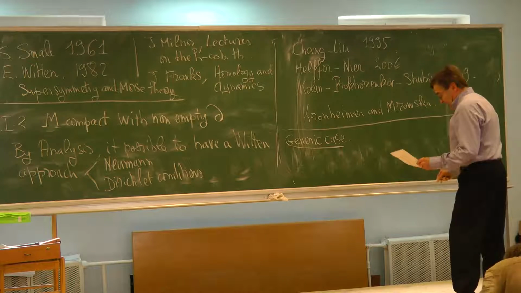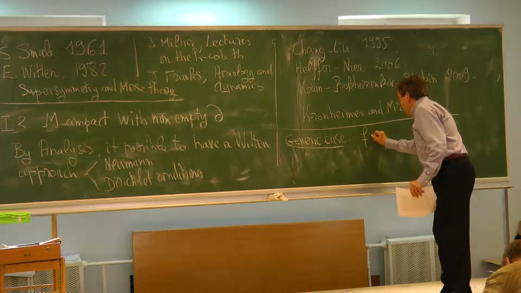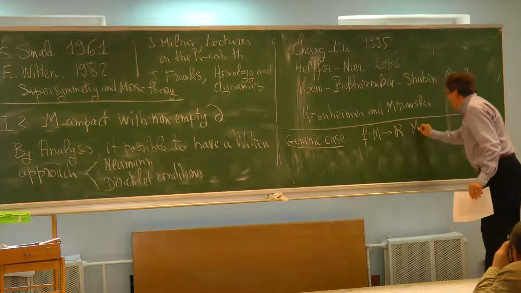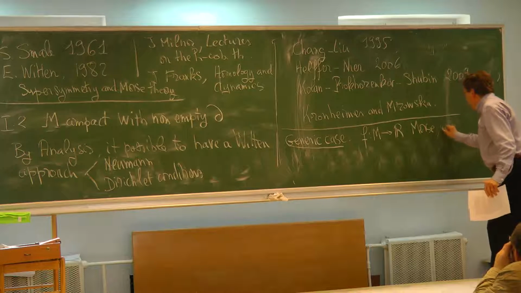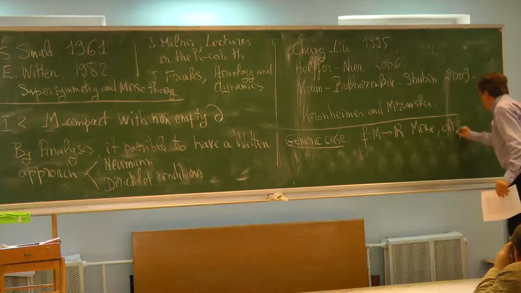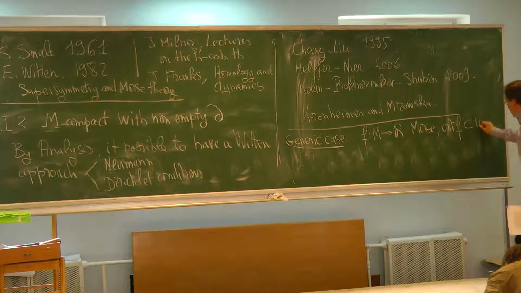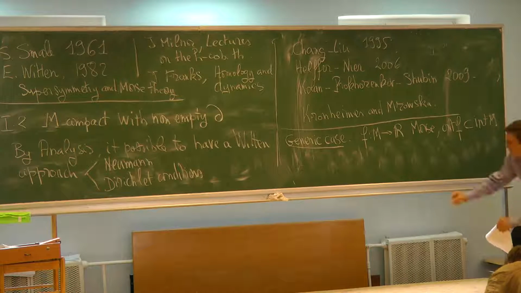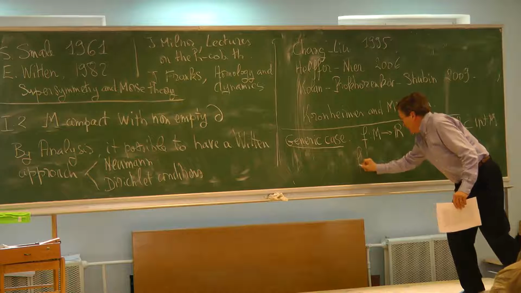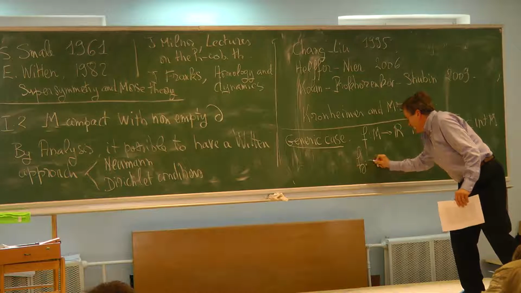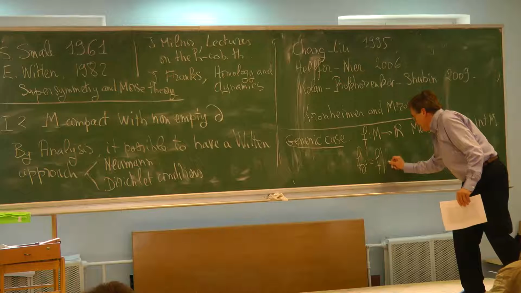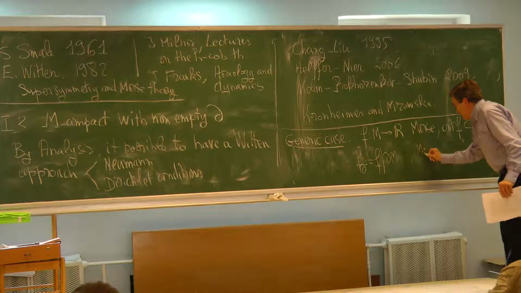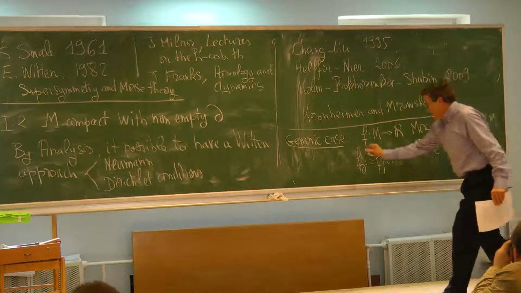That means the Morse function F has critical points which lie in the interior of M, and if you define F∂ as the restriction of F to the boundary, you require that it is a Morse function.